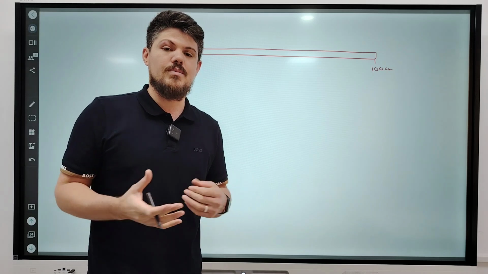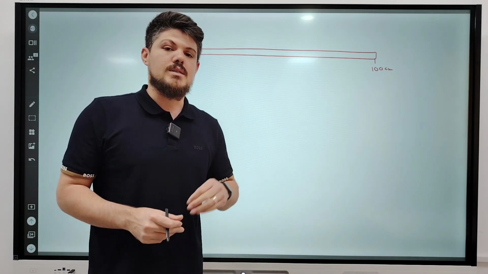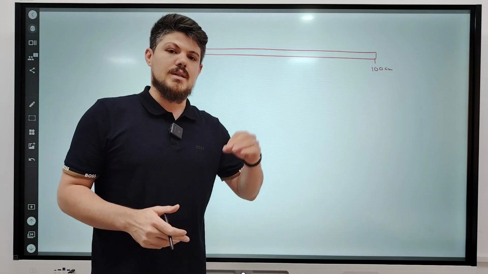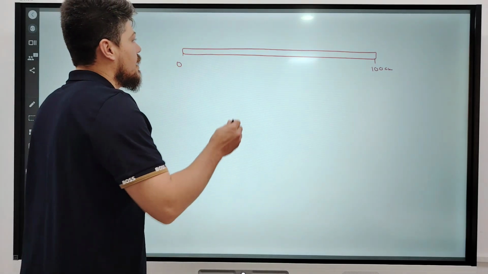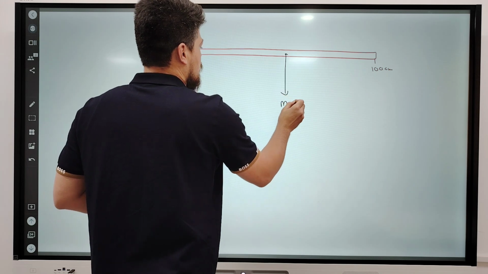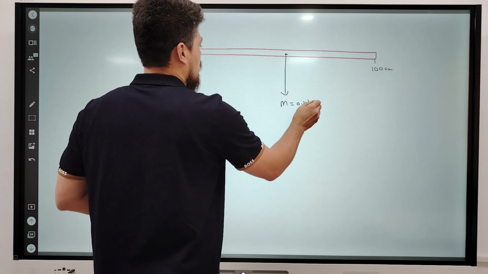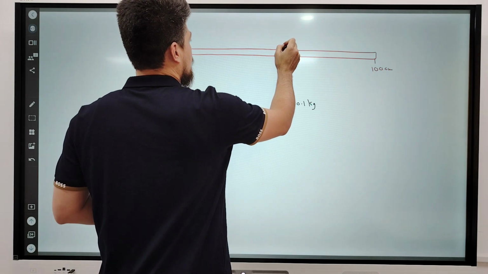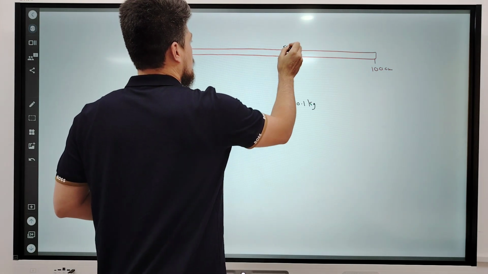The center of mass and center of gravity for a uniform object is located exactly at the middle. The mass of the meter stick is 0.1 kilogram, and I mark it at 50 centimeter.